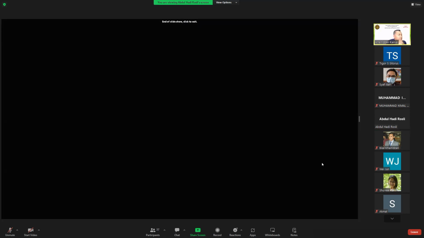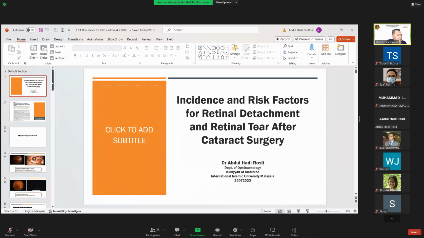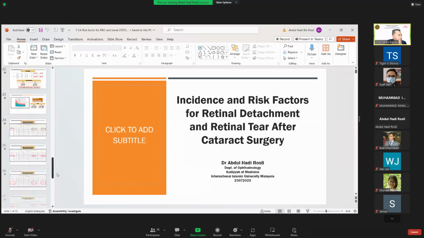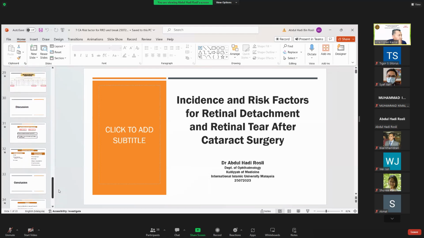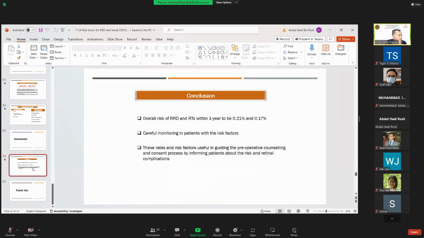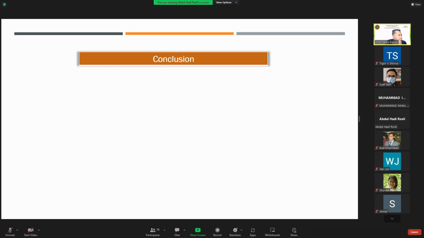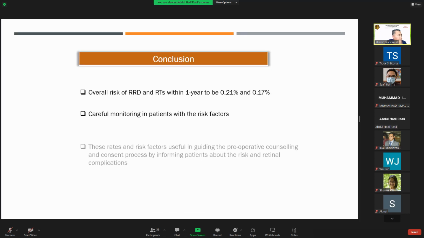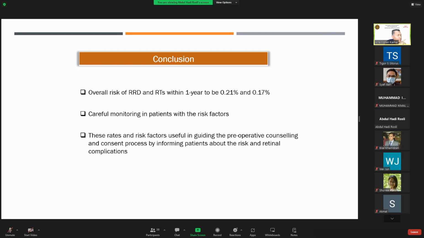Can we go back to that last slide? The conclusion. So basically, let's say statement number one, the overall RRD risk post-op within 1 year is about 0.2.